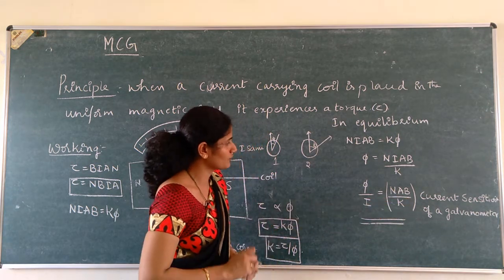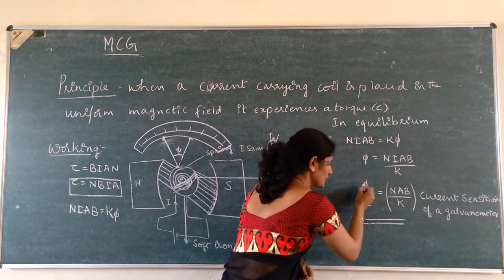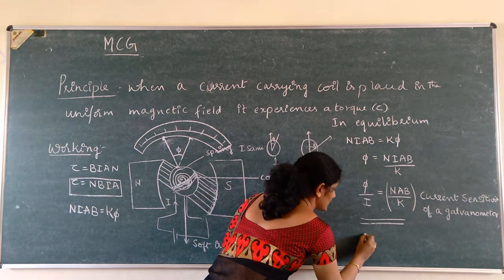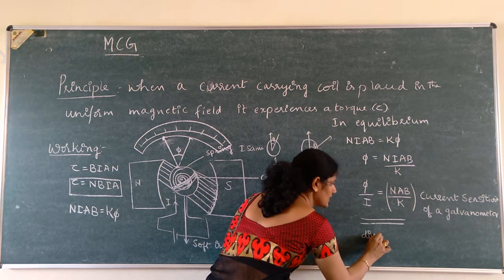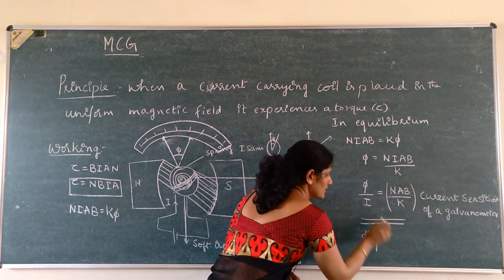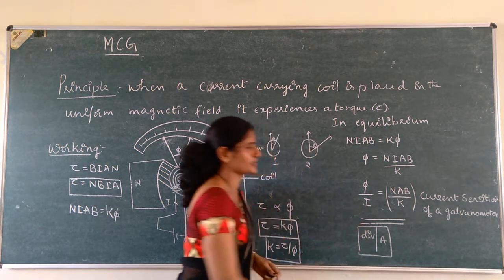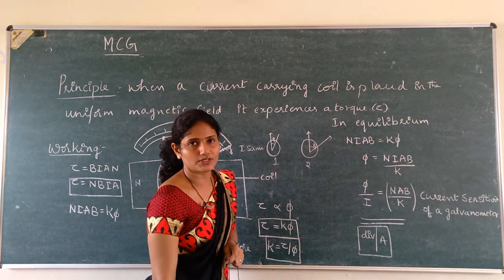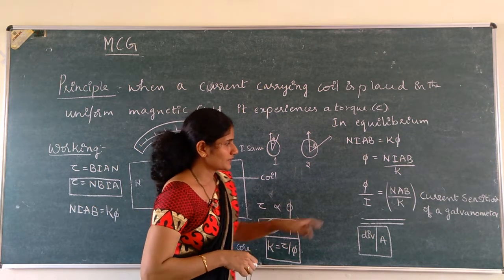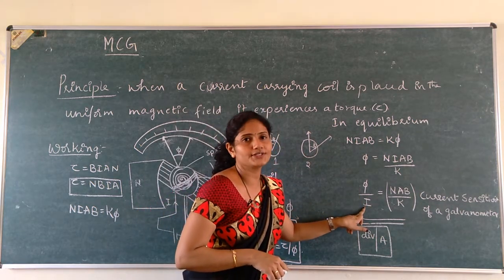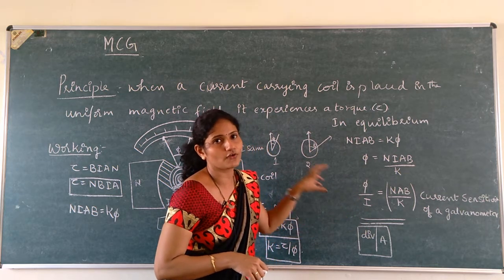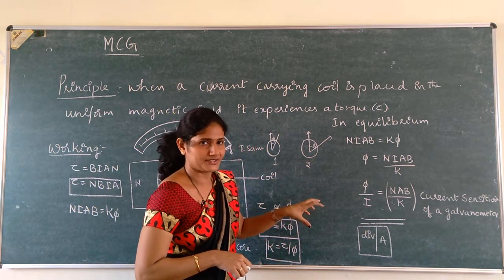Angular deflection is measured in divisions and current is measured in ampere. So, division per ampere is the SI unit of current sensitivity, and it is defined as deflection per unit current, and it is constant for a given galvanometer.